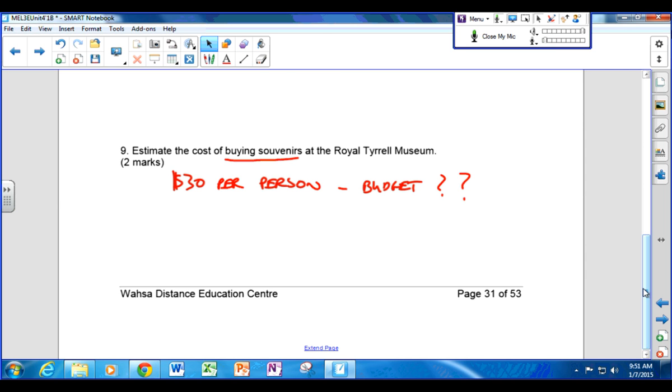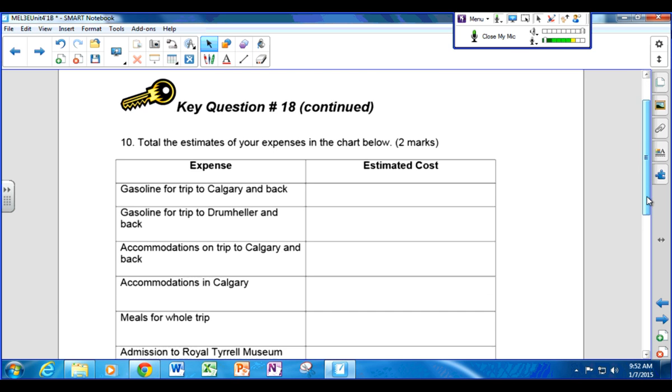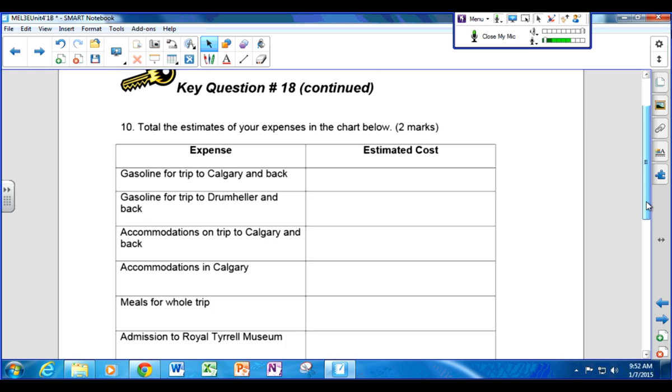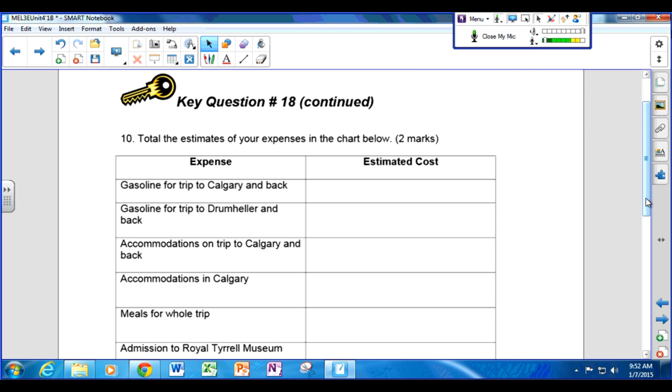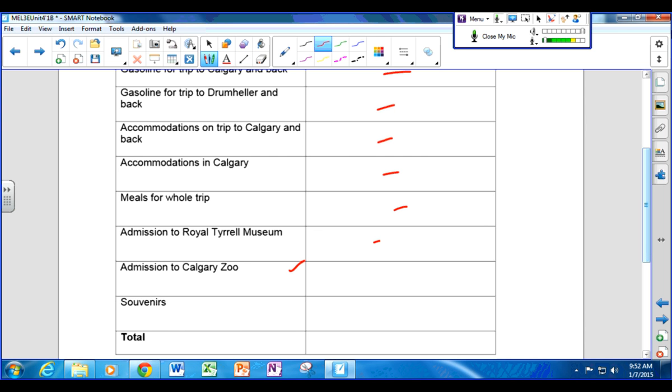Okay. And you know what? I think we're pretty much going to wrap this up. Basically, here, this is where we're going to put in all of our costs: the gas there and back, the Drumheller trip and back, accommodations on the trip, accommodations in Calgary, all those meals that we worked out, the Royal Tyrrell Museum. You're going to have to work out the Calgary Zoo, and how much souvenirs will cost. We only worked out souvenirs at the museum.